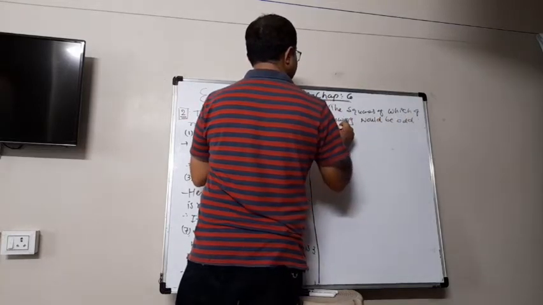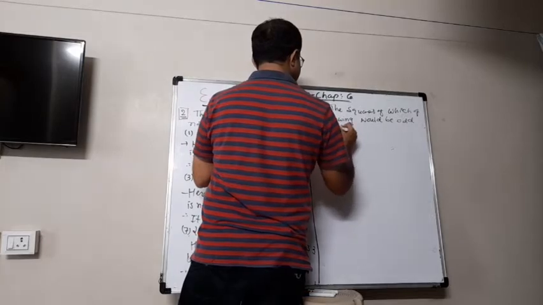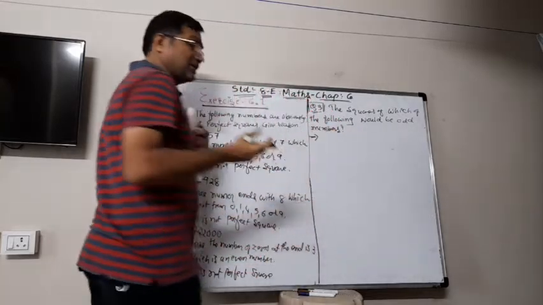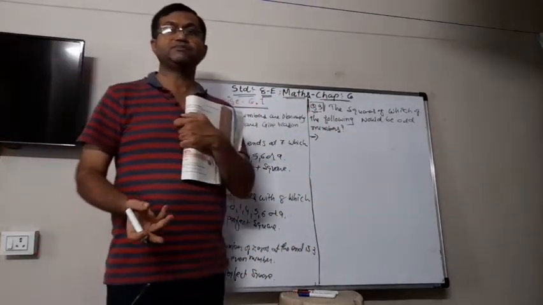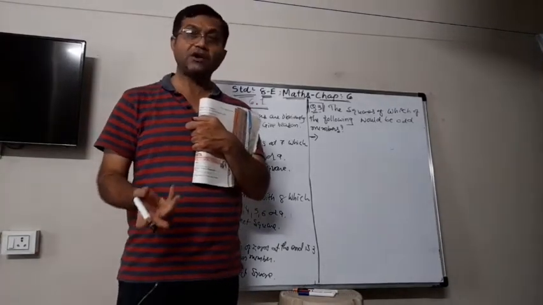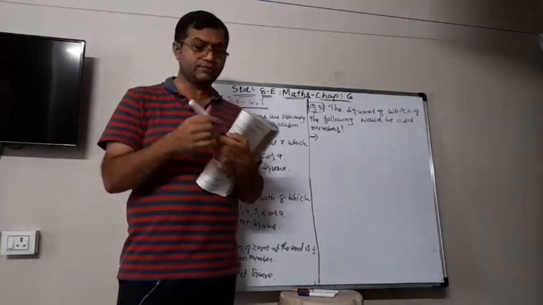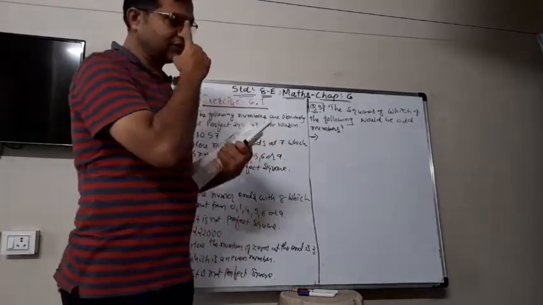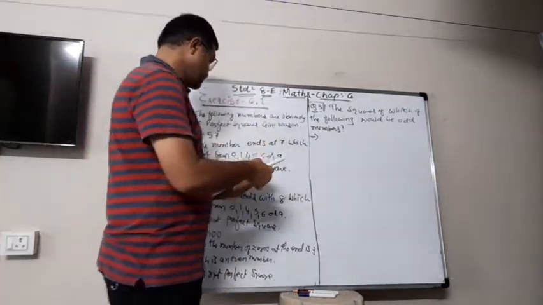Now we learned in the beginning also that if a number is an odd number, then its square will be an odd number. If a number is an even number, the square of that will also be an even number.